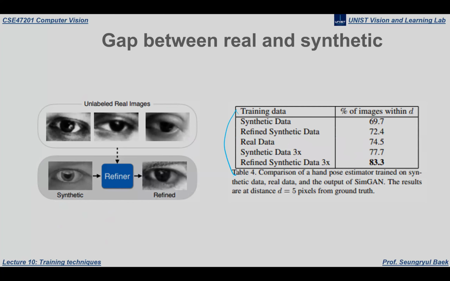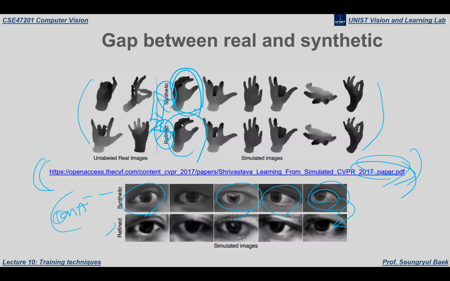And this is also an interesting result. This is the last one I want to tell here. This is a real image, and this is the synthetic. This paper was proposed by Apple and received the Best Paper Award at CVPR 2017.